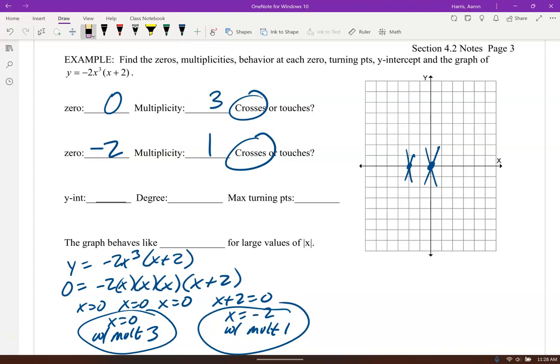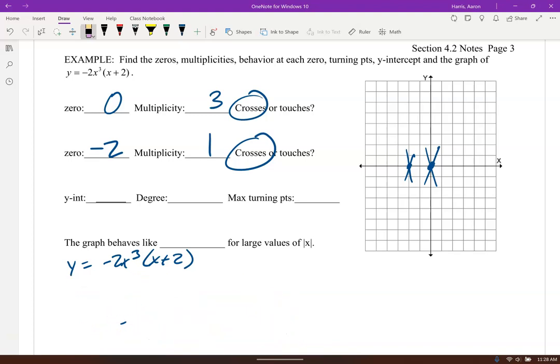Now let's go ahead and find our y-intercept by letting x be 0. So if we let x be 0, 0 times anything is 0. So the y-intercept is 0, which is at the origin. We already knew it hit the origin because the x-intercept is also 0.